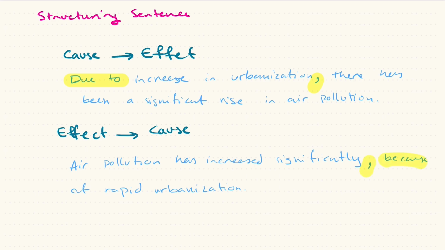This creates a little bit of a sense of suspense, because you don't know exactly why you're talking about air pollution. It's completely fine, but the sense of the sentence is a little bit different when you talk about the effect first and then the cause. But essentially they have the same meaning, and you can use either form in exchange for each other.